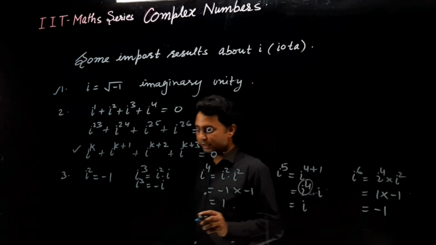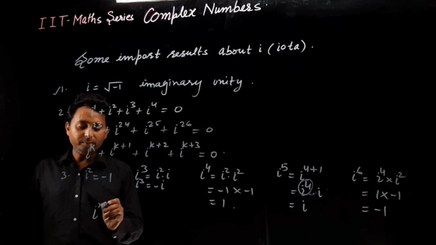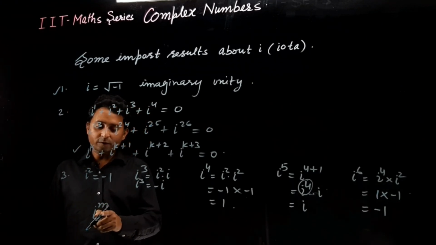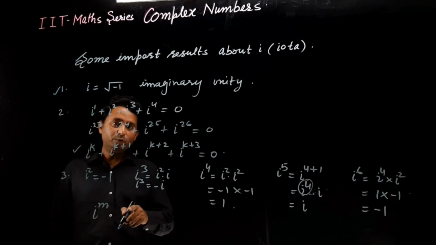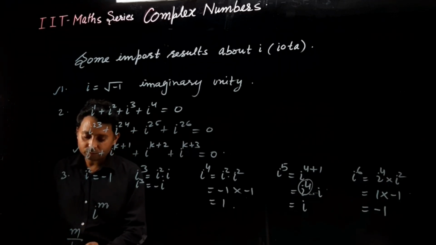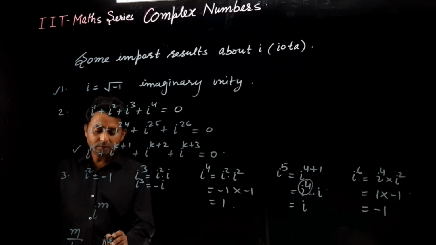Now see, if you are given iota to the power m, then to find the value of or simplify this number, first we divide m by 4 and find the remainder.